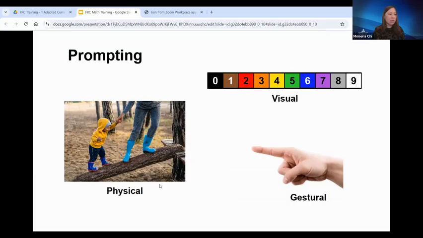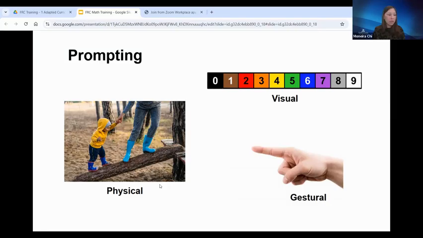Physical prompts are usually used for teaching routines like hand washing, where you might actually take your child's hands and put them under the water and have them rub the soap into their hands and rinse all the soap off. You might actually, for a young child or a child who's just learning that skill, physically help them with that task. But it can be used in a variety of ways for a variety of different tasks.